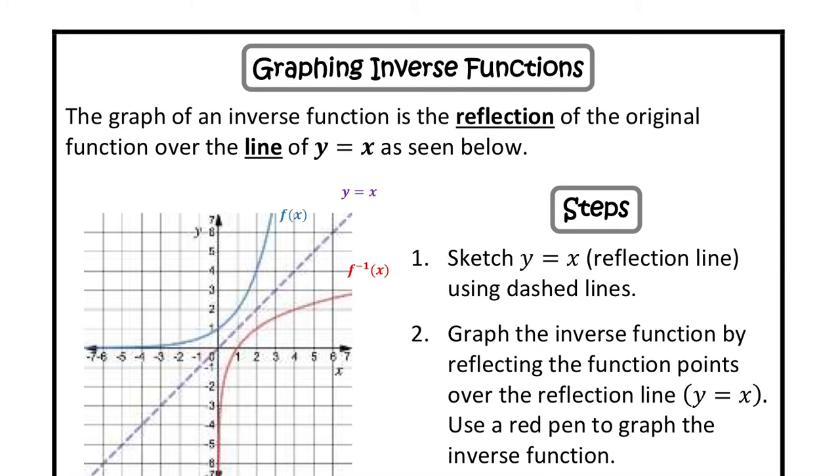Let me move over to the next page. Now we're going to be looking at graphing inverse functions. The graph of an inverse function is the reflection of the original function over the line y equals x, as seen below. The color came out here in blue, and let me add some details.